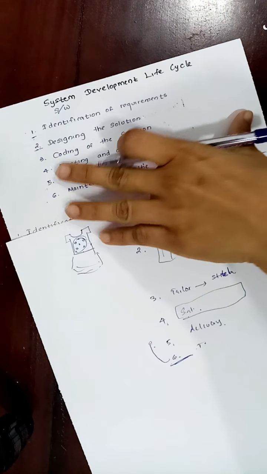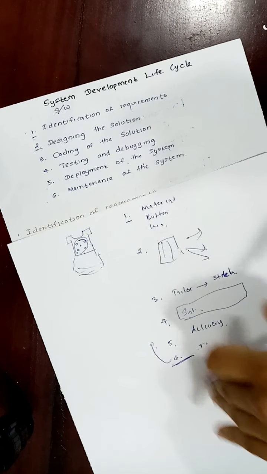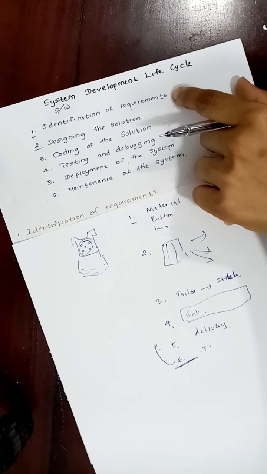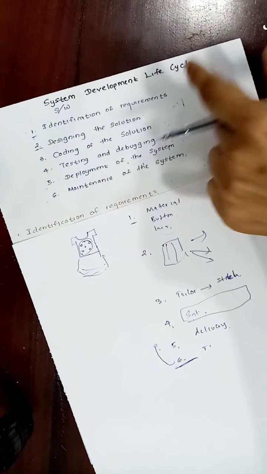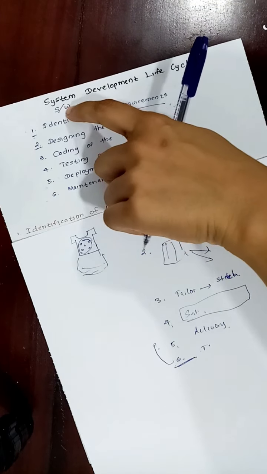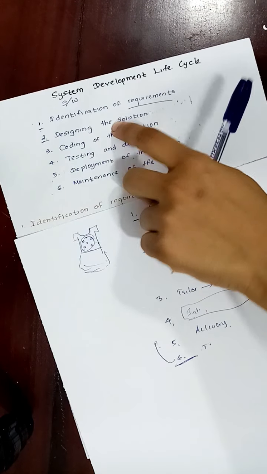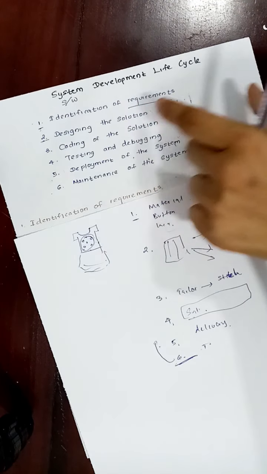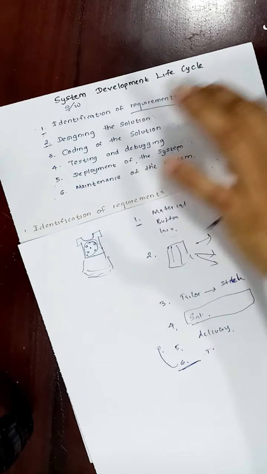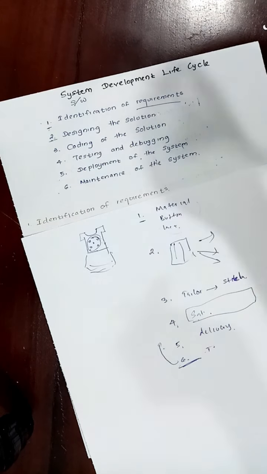So in this software development life cycle, these procedures will happen. First, the developer will identify the requirements needed to develop this software, and after getting these requirements, he will design the solution. Once he finishes designing, he will start to code.